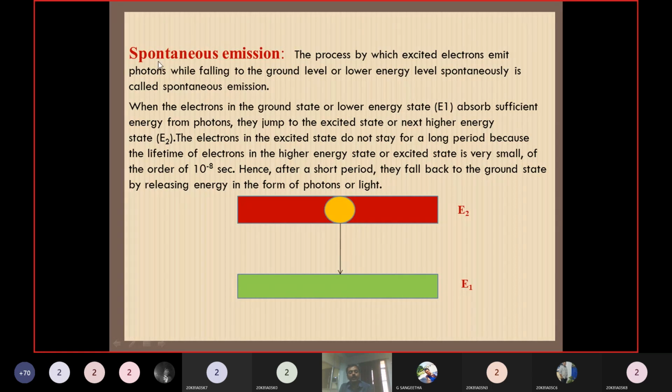That emission we call spontaneous emission. The lifetime of the electron is approximately 10 to the power of minus 8 seconds. In spontaneous emission a photon is emitted, and the photon energy is equal to the energy gap between the excited level and the ground state, that means E2 minus E1.